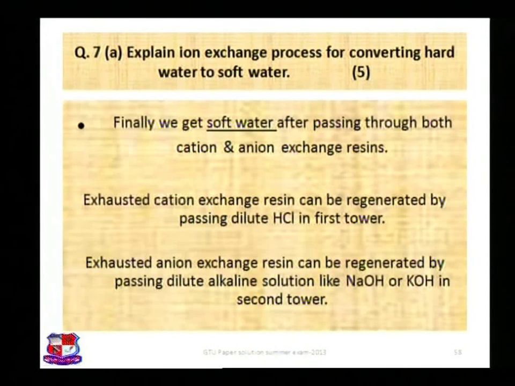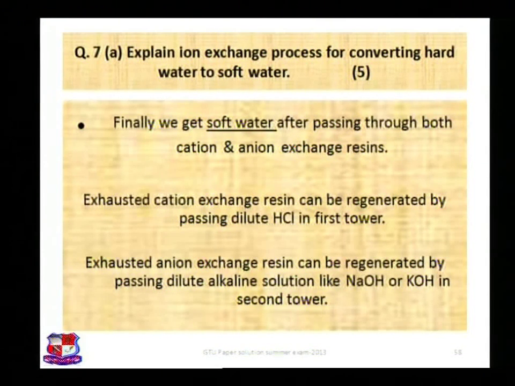Exhausted cation exchange resins can be regenerated. There are chances that a tower gets exhausted after a certain time limit, so on our side we have to regenerate the tower to increase its efficiency again.